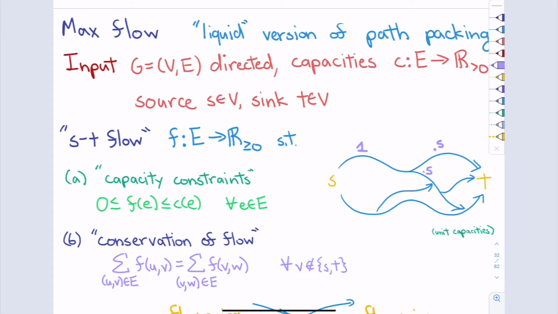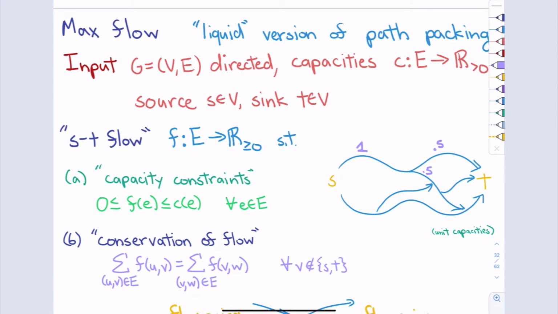The rules I have to obey: the amount of water I send on an edge is at most the capacity of the edge. In that picture, everything is unit capacity, so I can only send at most 1. The other rule is that except for S and T, what goes in has to go out. Think of water as coming out of the source S and leaving the system at sink T. Otherwise, what goes into a vertex has to equal the amount going out. This is called conservation of flow.